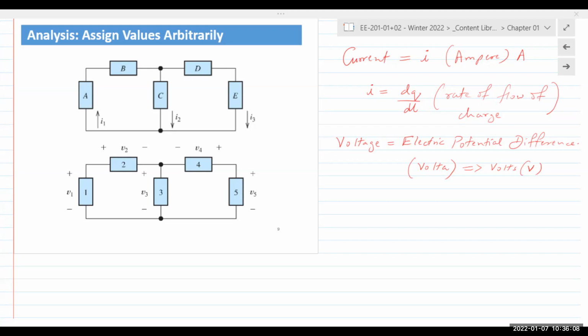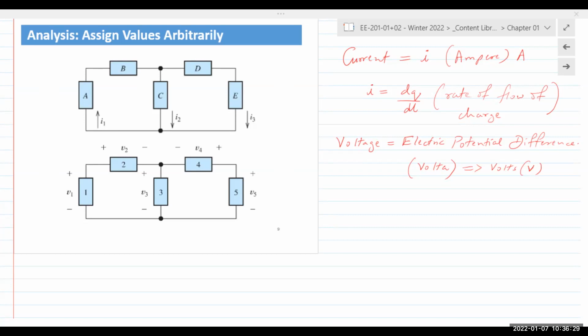The word difference already indicates you're measuring with reference to a particular point. More often than not, that reference point is ground, 0 volts. But it's always the difference in electric potential between any 2 points.